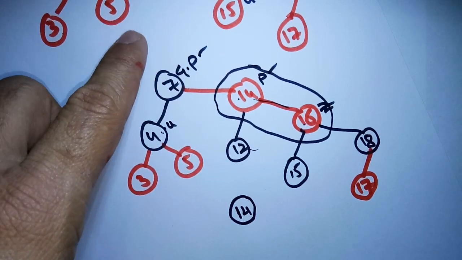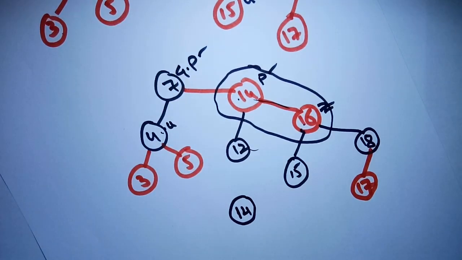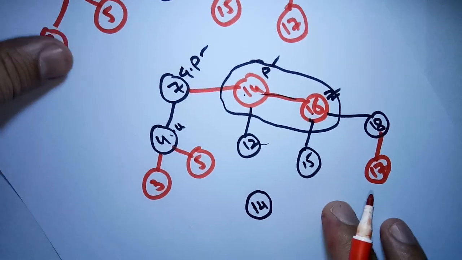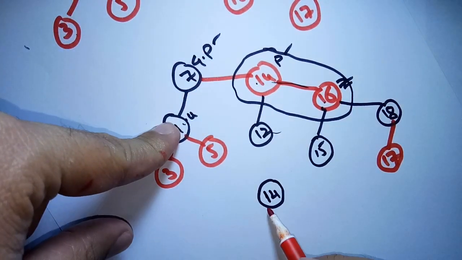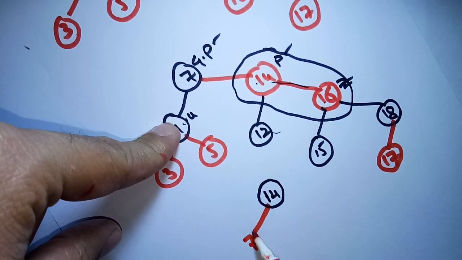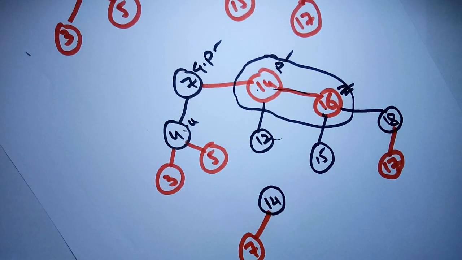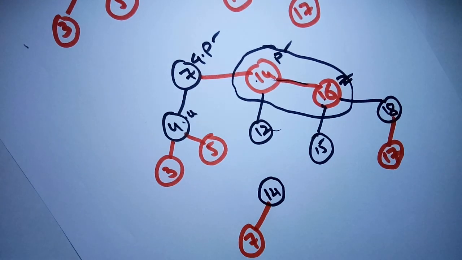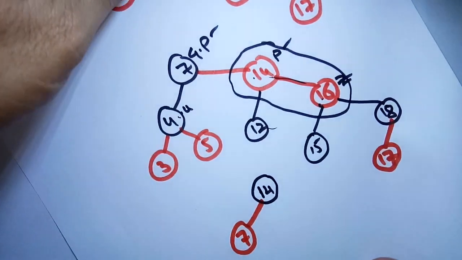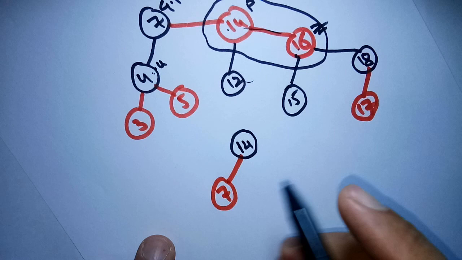So 7 will go on the left hand side, and it will rotate like this. 7 will become red, because we need to change the color of the parent and the grandparent. And then this 4 and the rest of the things are fine.